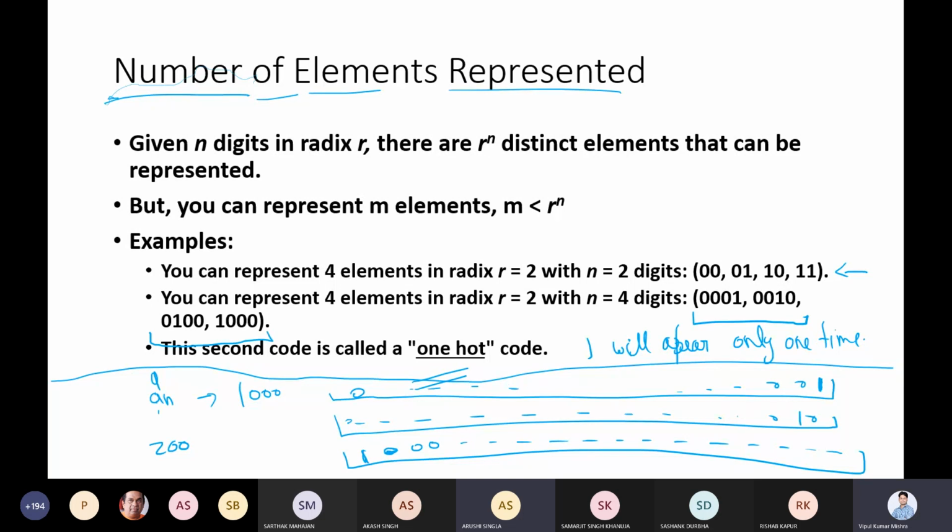Okay. Here I'm saying focus more on this one hot. One hot means only one place is 1, and all other places are 0, like only one hot person is there. That place will be 1, and the rest will be 0. This is used in many places where you represent words in the system, for example when making a chatbot.